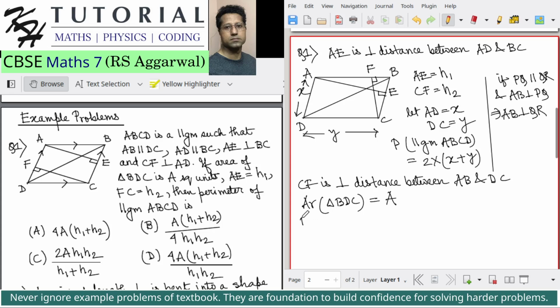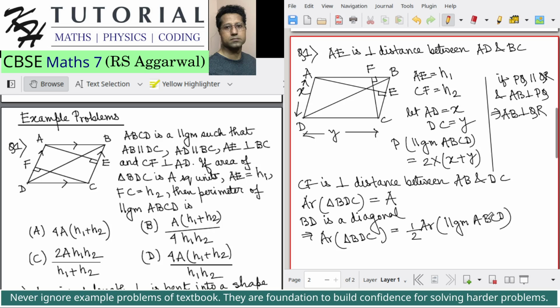BD is a diagonal, so the area of triangle BDC should be equal to half the area of parallelogram ABCD, since BD divides ABCD into triangles ADB and BDC.